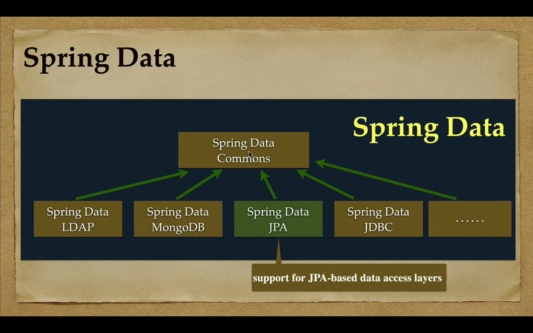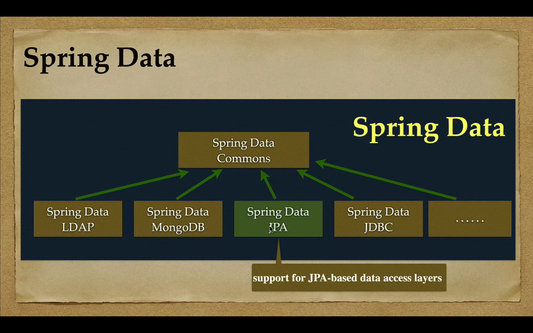It contains all the common interfaces, and the other modules basically extend Spring Data Commons interfaces. Okay, and these Spring Data projects have their own purposes. For instance, Spring Data LDAP basically supports LDAP implementation. Spring Data MongoDB supports MongoDB based DAO layer.